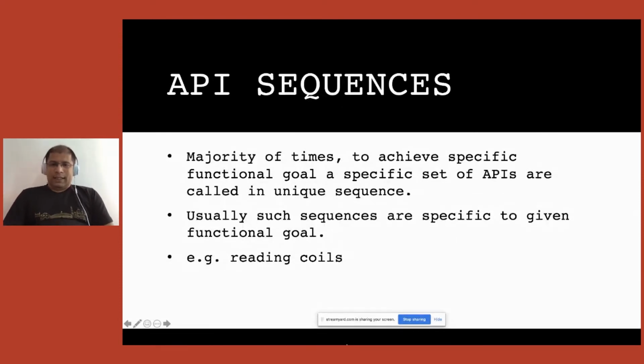API sequences are not fully relevant here, but in the majority of scenarios I have found this relevant. What creates relevance is that whenever a specific function is invoked by an executable or binary, it calls a set of APIs. Those sets of APIs have been found unique to specific behavior.